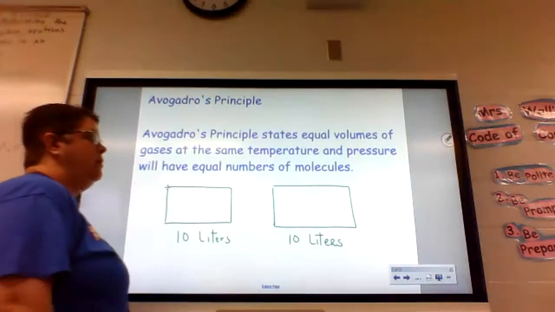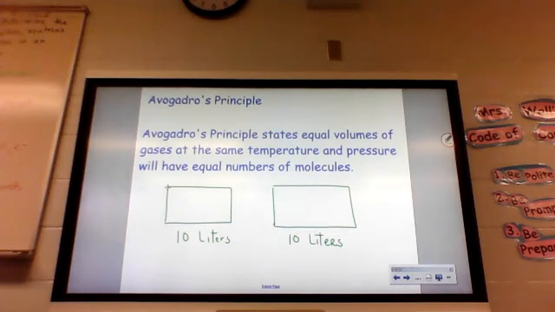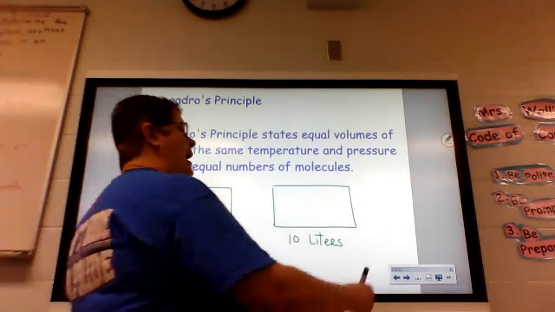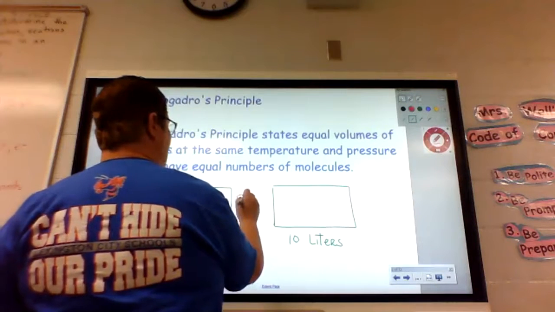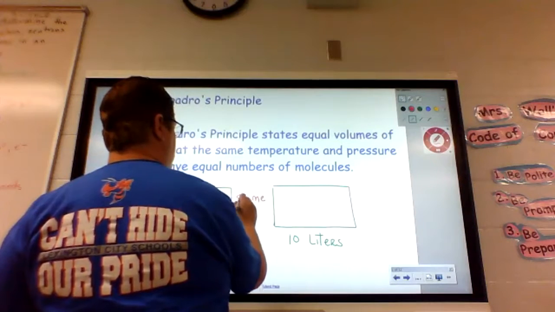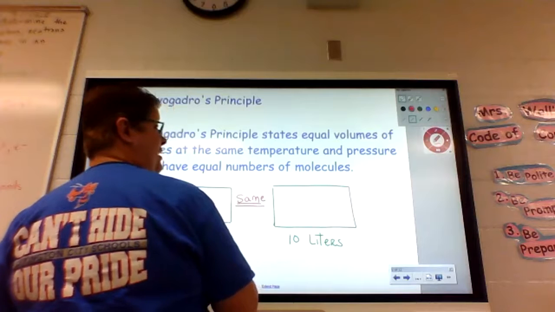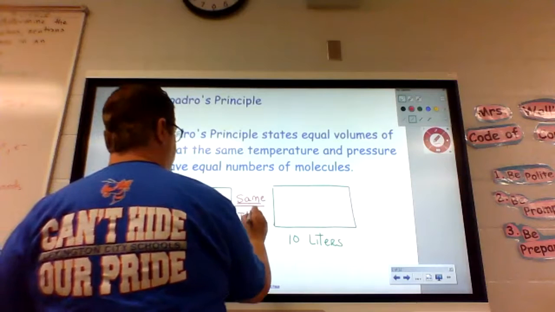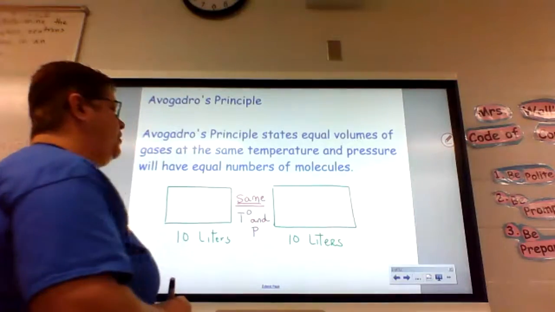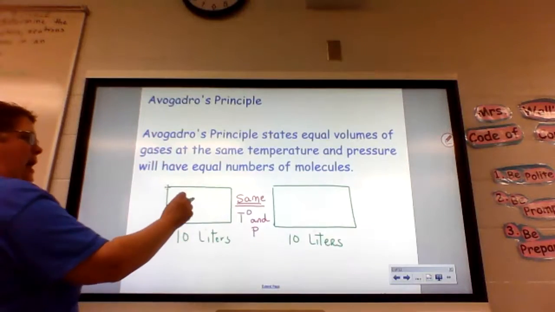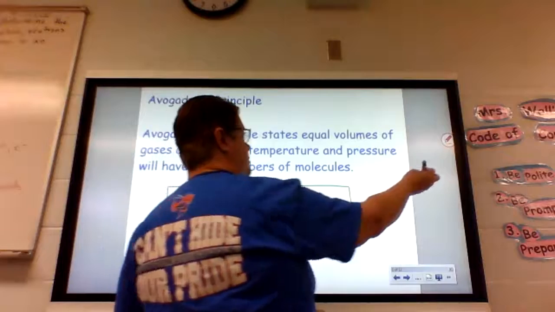According to Avogadro, if their volumes are the same, and you know that they have the same temperature and pressure, what do we know about the molecules inside of the box?